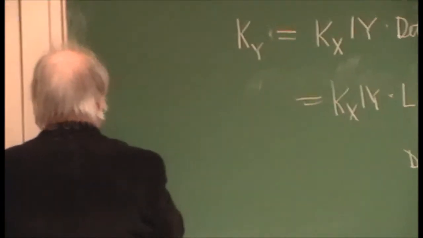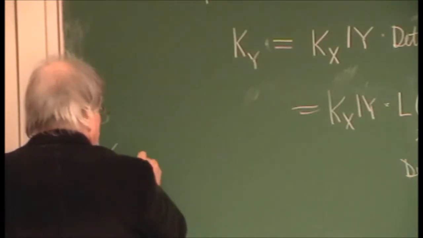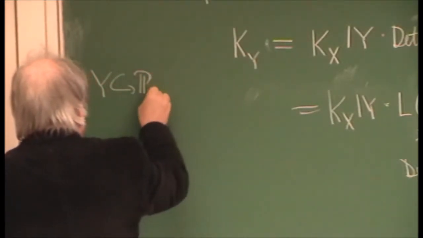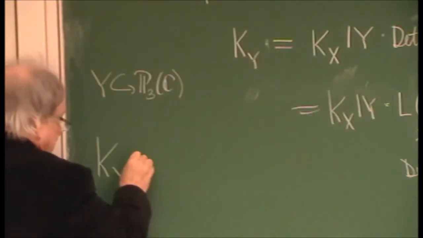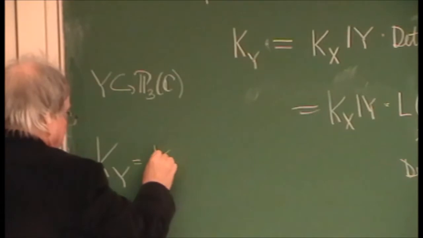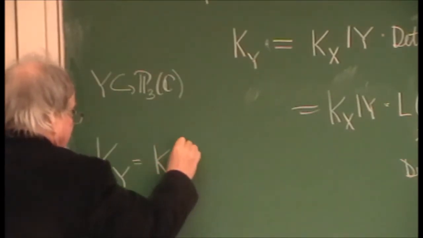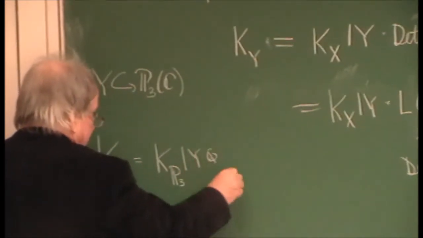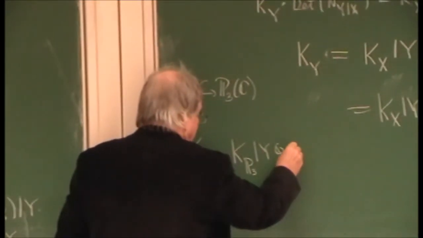So, here we go. Canonical bundle of y. So let's let y be in projective space. Canonical bundle of y equals canonical bundle of projective space restricted to y, tensor the bundle of y. And now, what is the bundle of y?